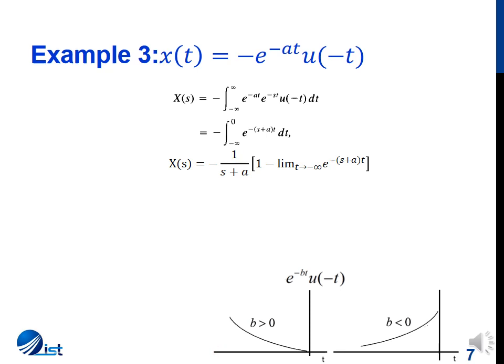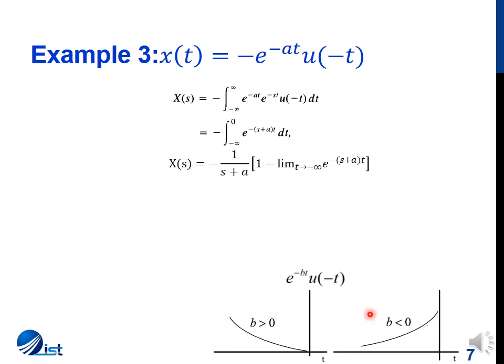And when this b is less than 0, which means that the power is negative, it means that e has a positive power. Our exponential will start from 0 at time minus infinity, and will have some power value at t is equal to 0. Now why do we observe this trend?